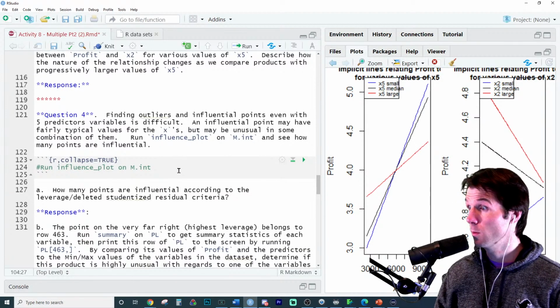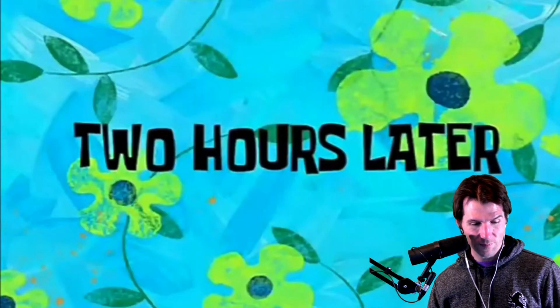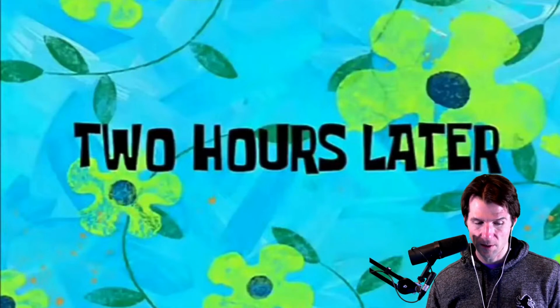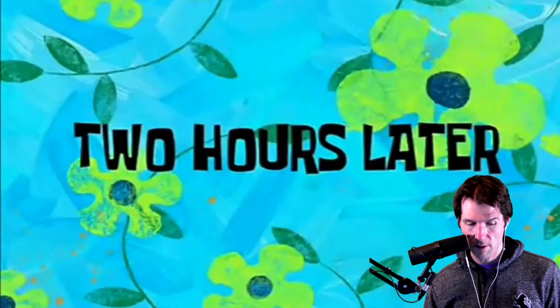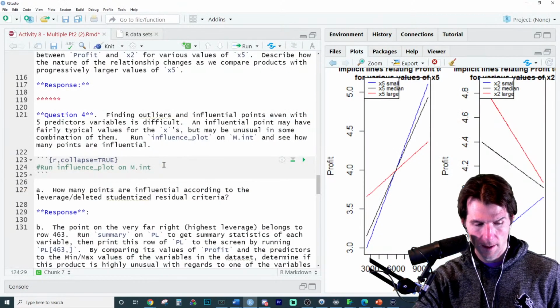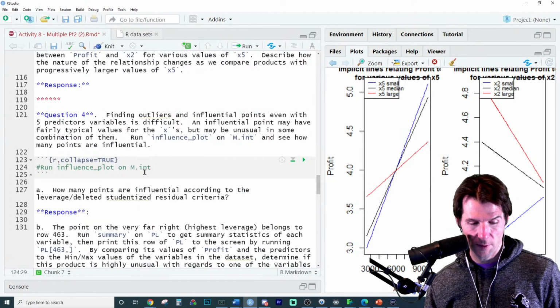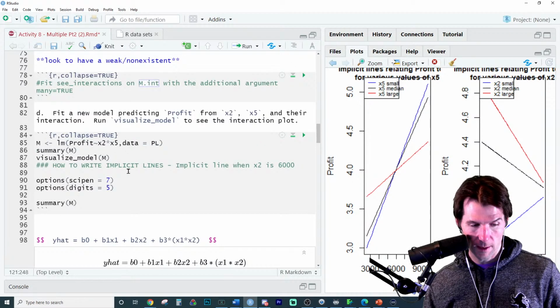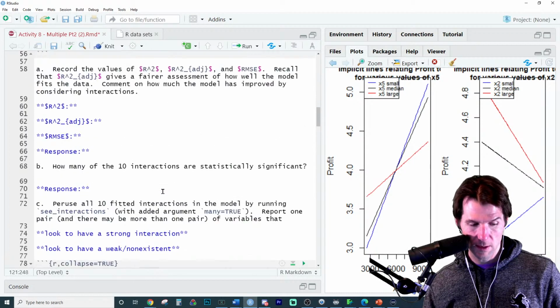And the influence plot. Ooh, influence plot time. Are we doing it for the full interaction model? Finding outliers and flaws with even 5 predictions. Okay, we're going to use the full model right here. I want to make sure I use the right names for models. I think it's the interaction model.